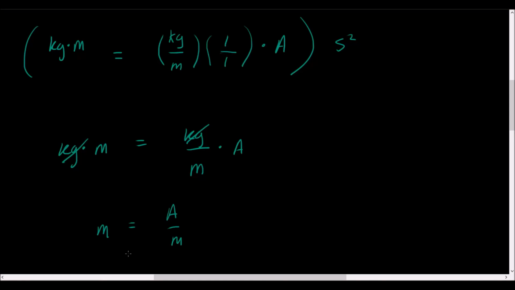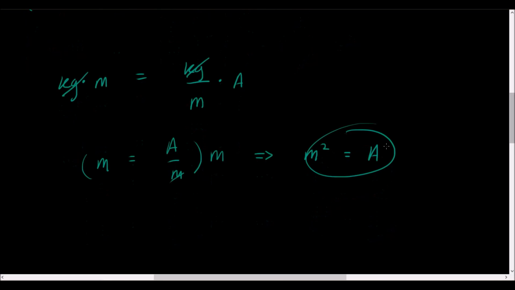So I need to get this M to the other side so I can get A by itself. Multiply everything by M. These two cancel out. And that leaves me with meter squared is equal to A. So this tells me that A is in units of meters squared. You might have already guessed that just because it's meter squared. So this is my answer.